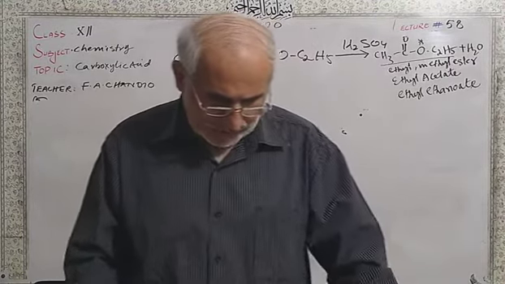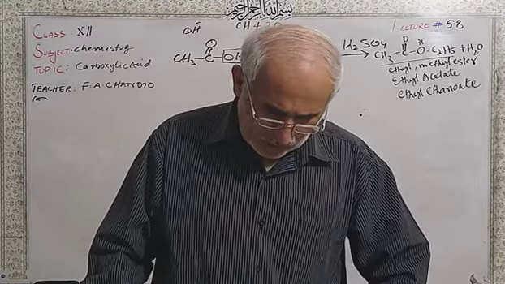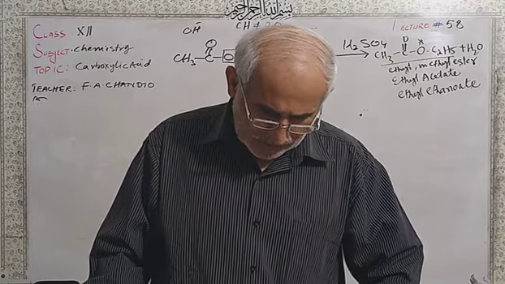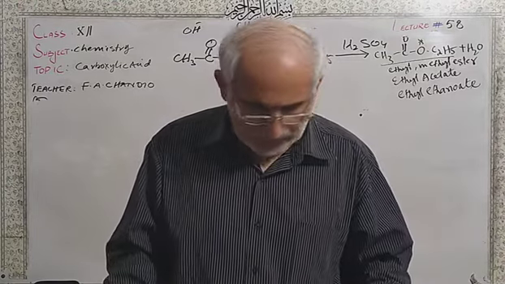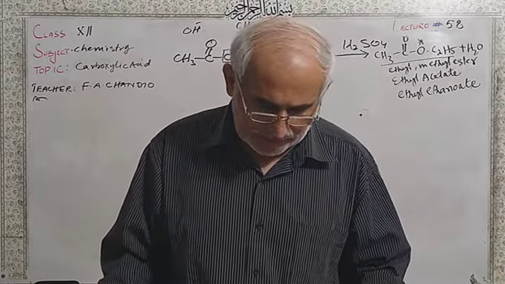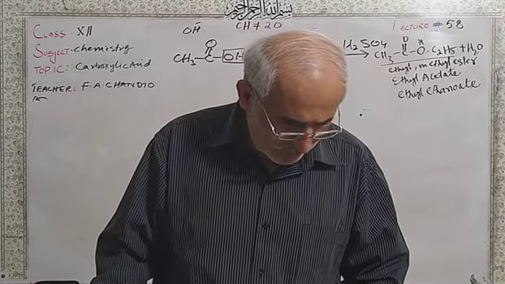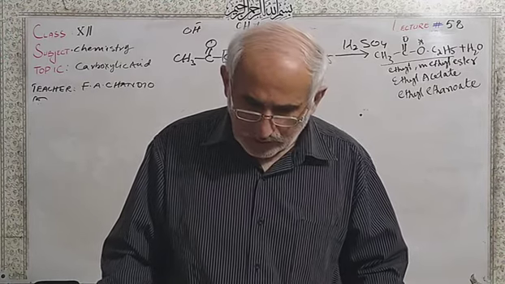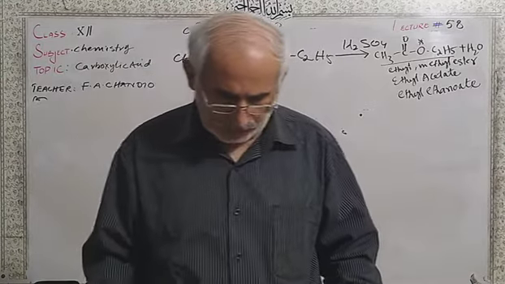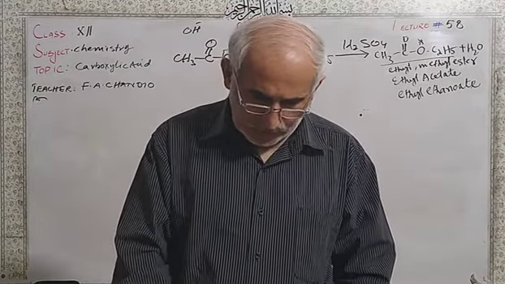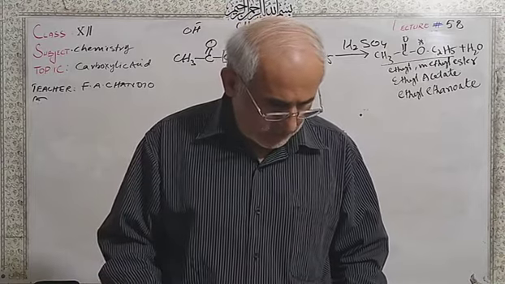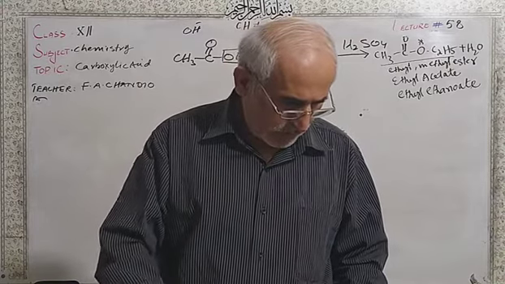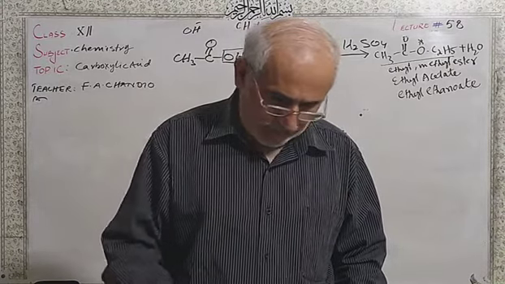So dear students, here is the reactivity of the carboxylic acid: reaction with alcohol, and reaction of carboxylic acid derivatives, acyl halides, acyl chlorides. This is article number 20.74. Acyl halides.